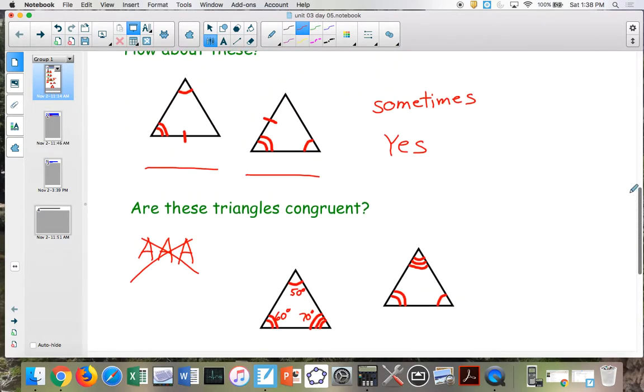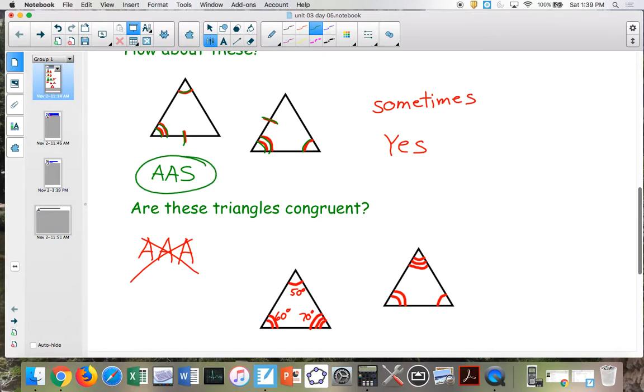Whereas in the case before that, if we had 1 angle and then another angle, and then a pair of sides, it turns out that does work.